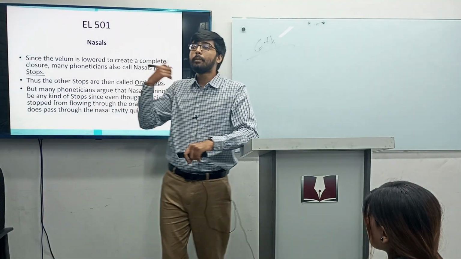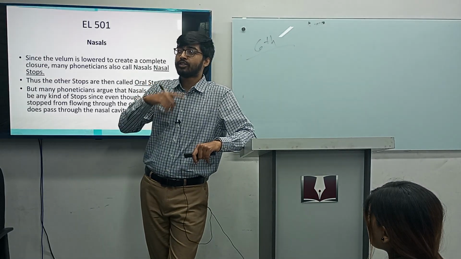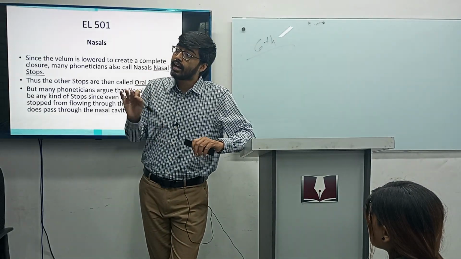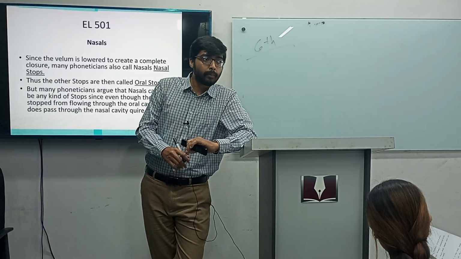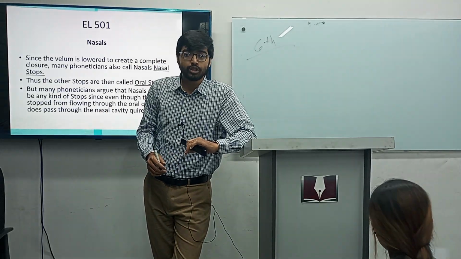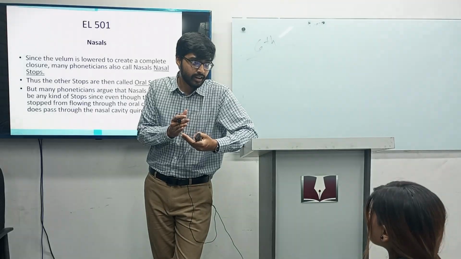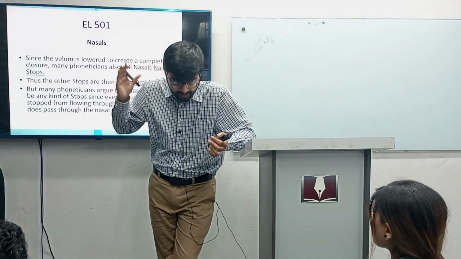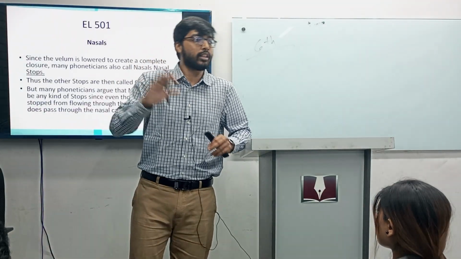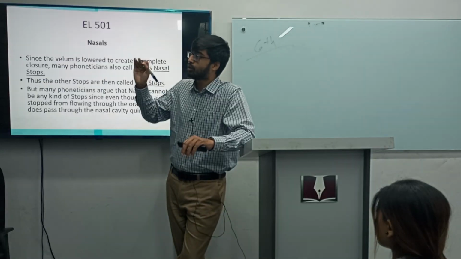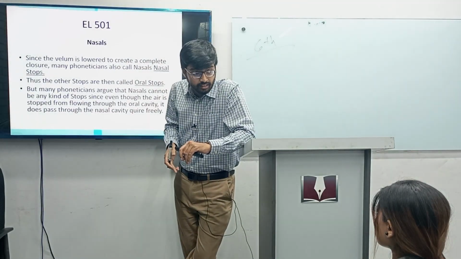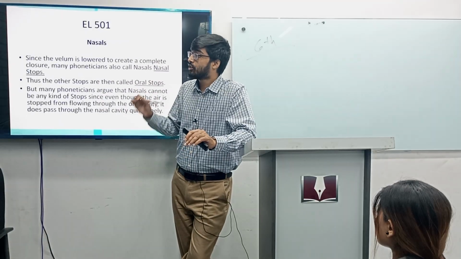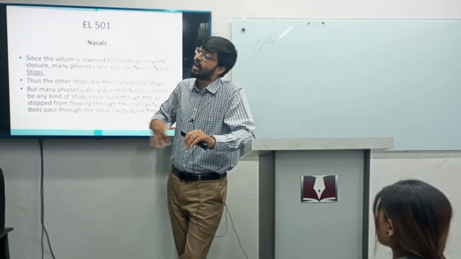The air passes through the nasal cavity without any blockage. So how could it be a stop? In order to become a stop, you have to block the air, at least partially or completely. But in the nasal cavity, we can never hinder the airflow.